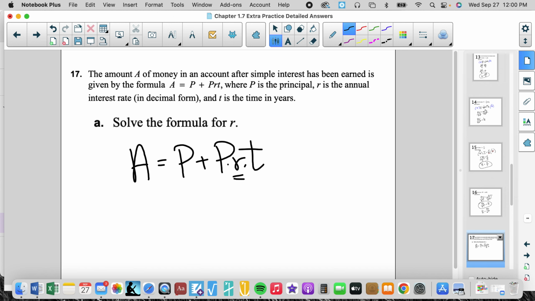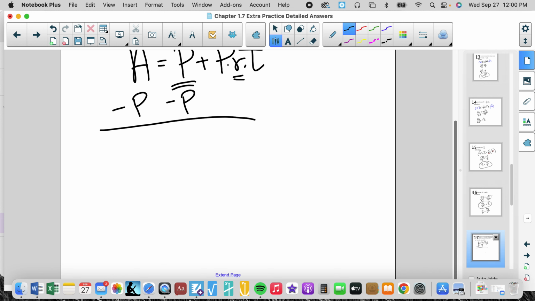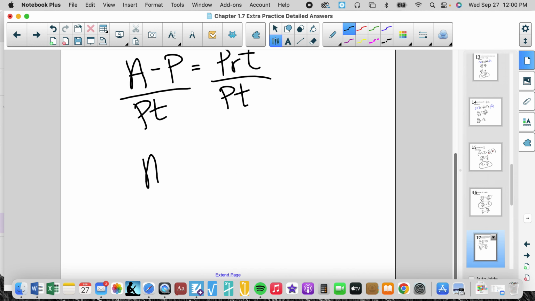Now, these are multiplying, but remember, we get rid of things being added and subtracted first. So don't get rid of the capital P and T multiplying the R. Get rid of the P being added first. So you have A minus P equals big P times RT. Now we can divide by PT because both of those are multiplying. And we get this, A minus P over PT equals R.